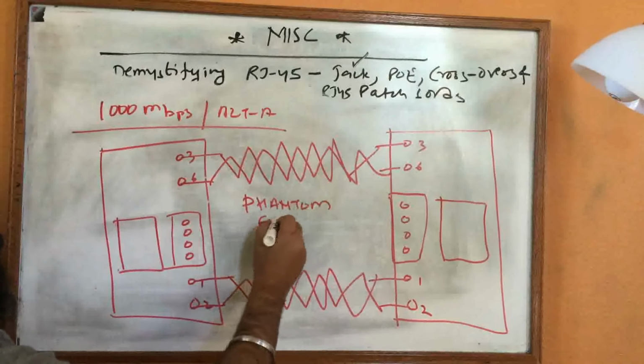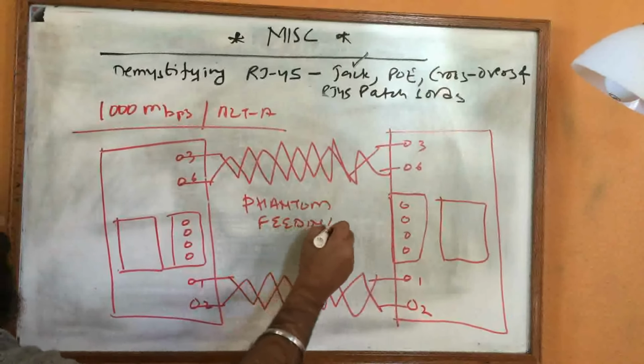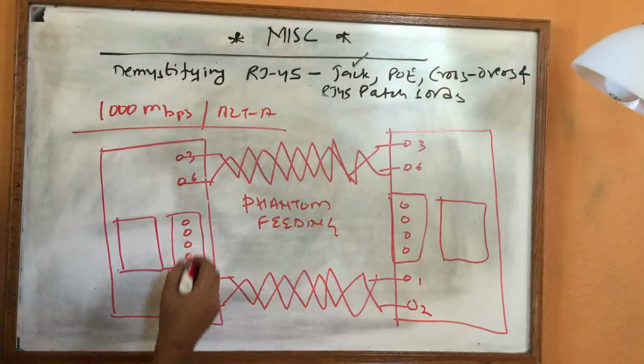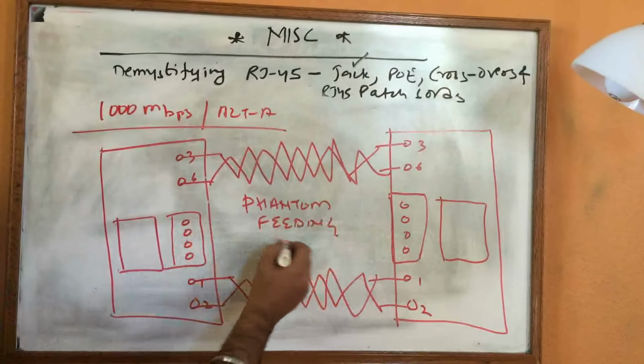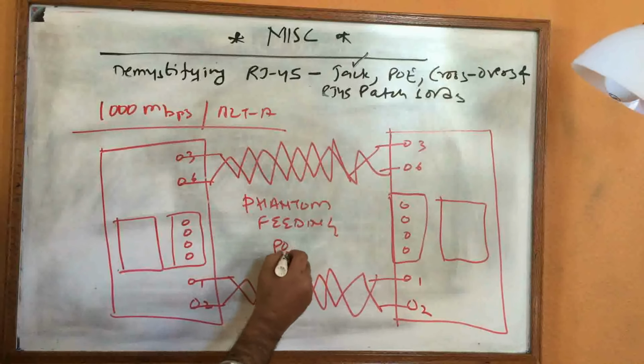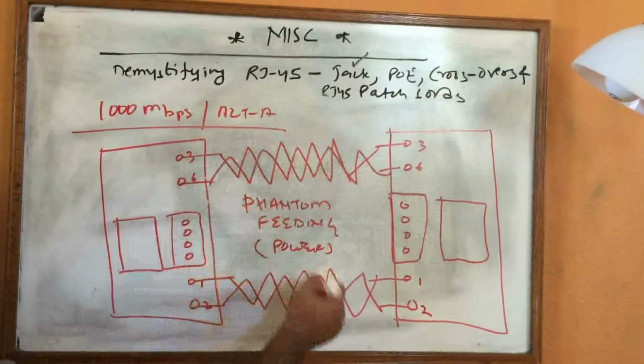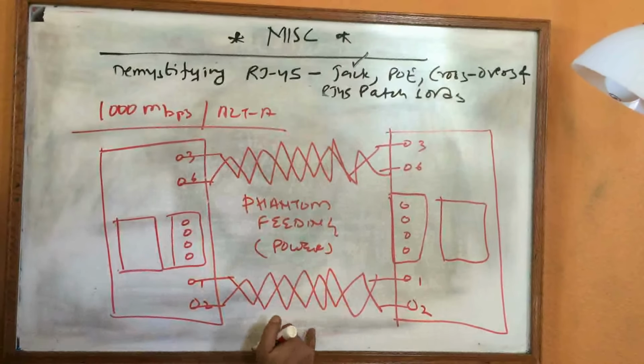So what does phantom feeding mean? We do not use separate wires to transfer the PoE, the power, but we use the same TX and RX cables to transmit the power over to the PDs.